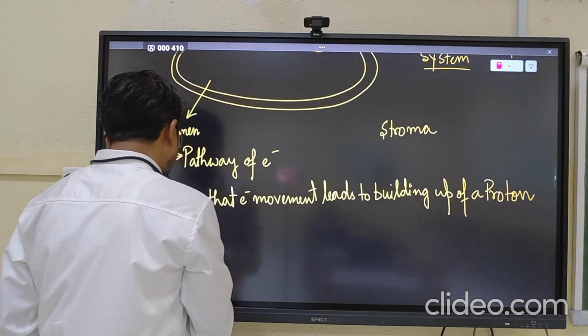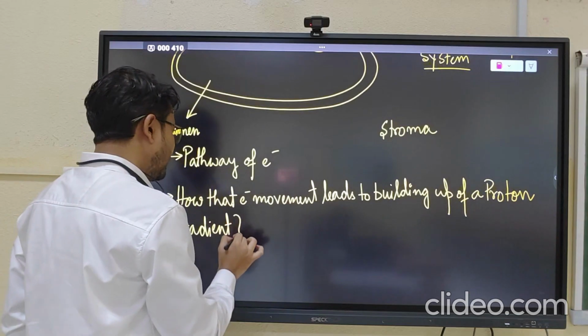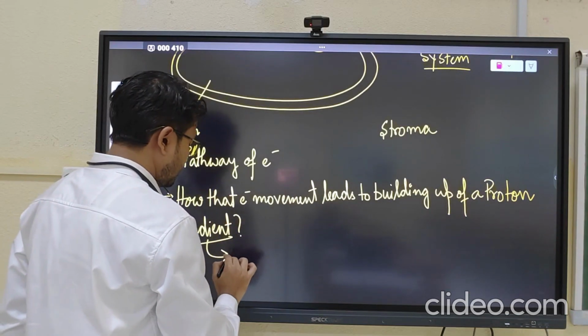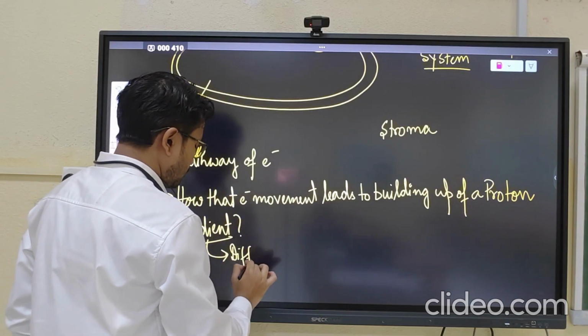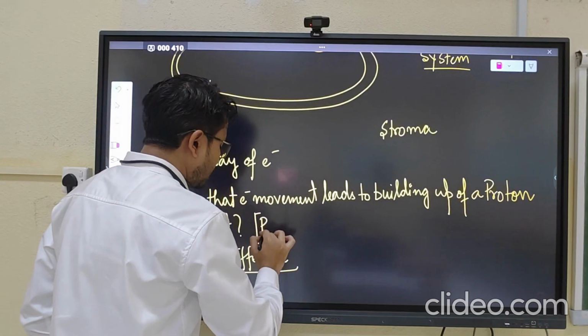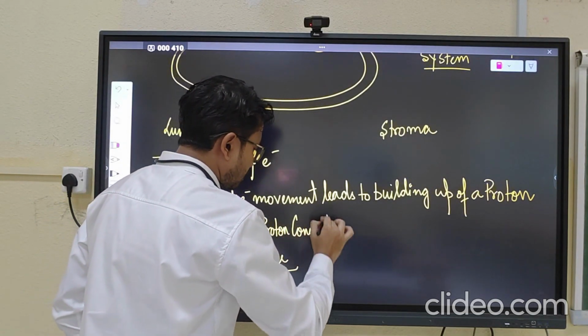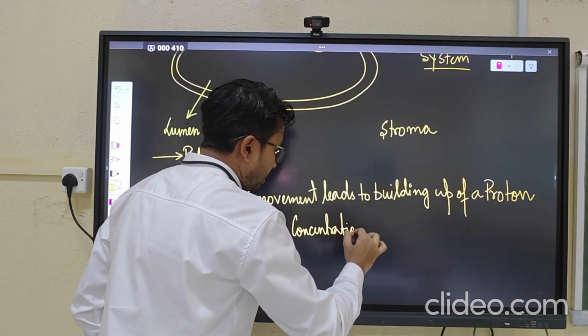Now, what is a proton gradient? See, any gradient means difference. So it is basically a proton concentration difference across the membrane of the thylakoid.